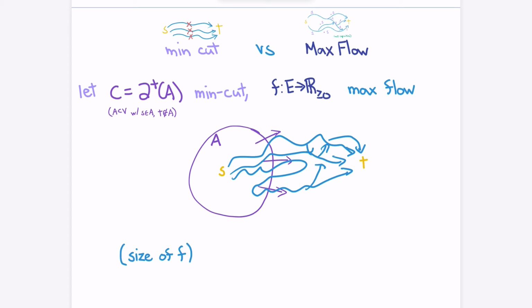Okay, so now, okay. So the total amount of flow going from left to right, what you can do is you can sum up the net flow for all the vertices in A. Okay, maybe that's not a good point.